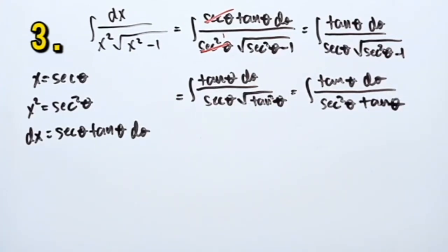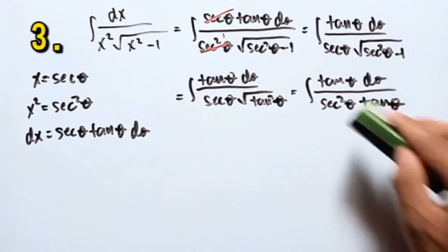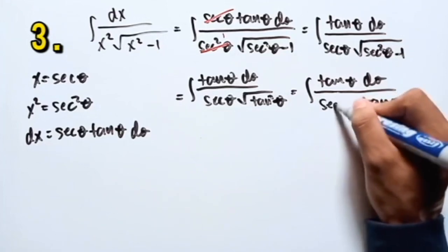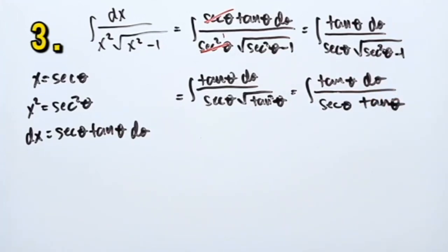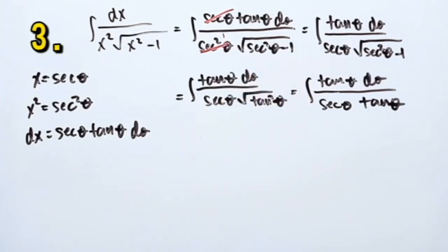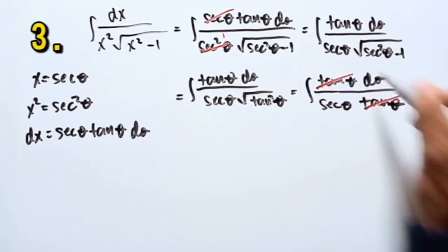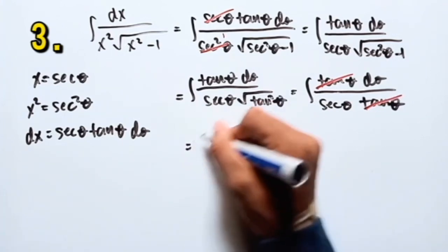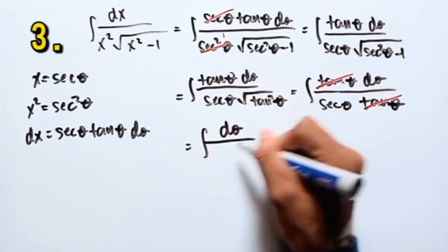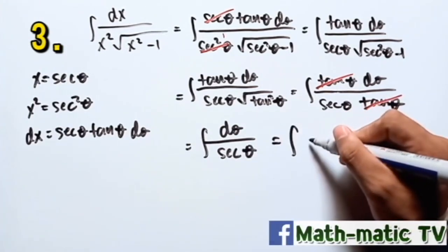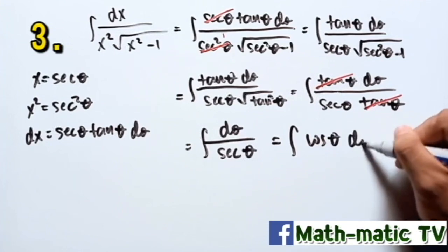I'm sorry, this is secant theta only, since secant squared theta is already cancelled. Hence, tan theta will also cancel. Now, the integral will be equal to the integral of d theta over secant theta, which is equal to the integral of cosine theta d theta.